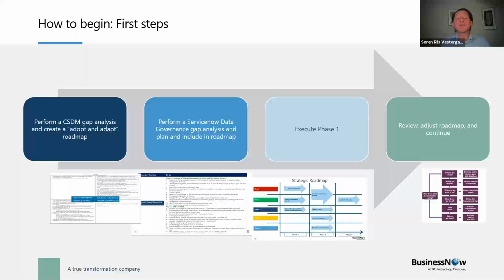Do the same with the ServiceNow data governance gap analysis, and include that in the roadmap so that you're closing the gap between your current practice and the CSDM, and maturing the data governance practice concurrently. Then you take phase one of your strategic roadmap and execute that, and then you review, adjust, and continue from there. So this could be one way to start.